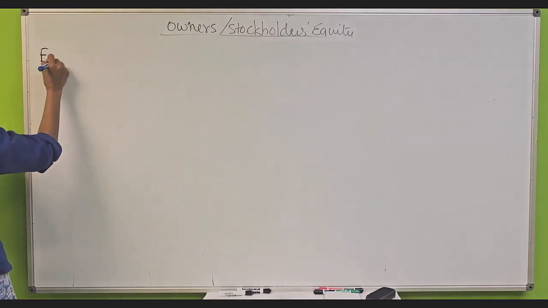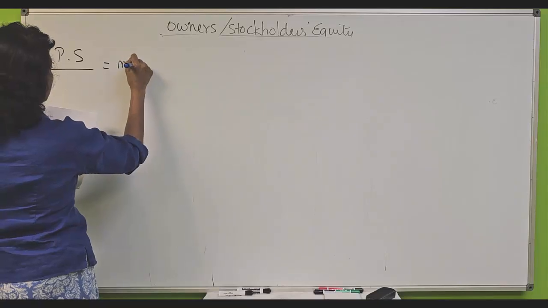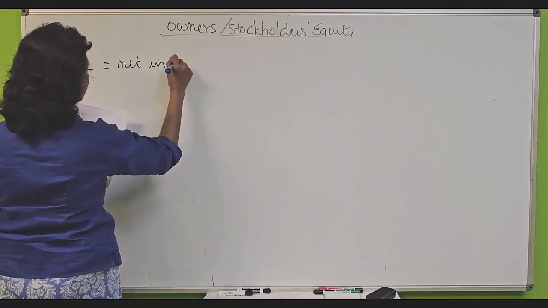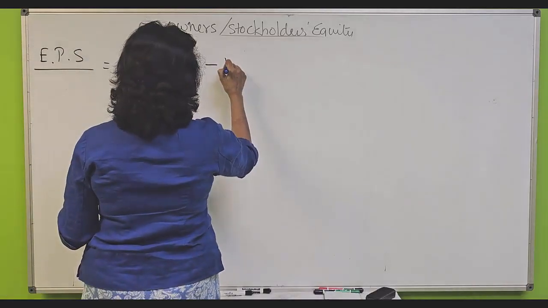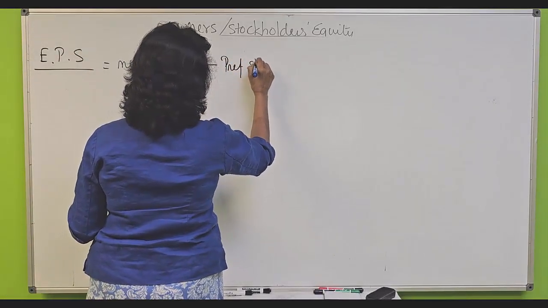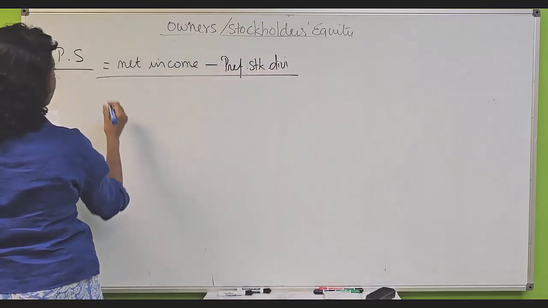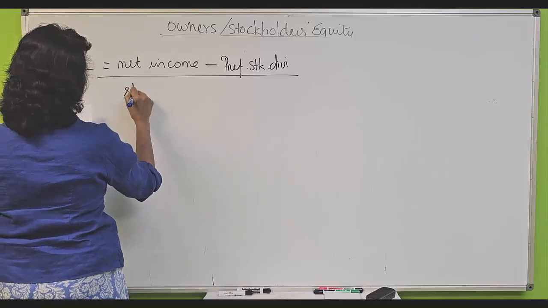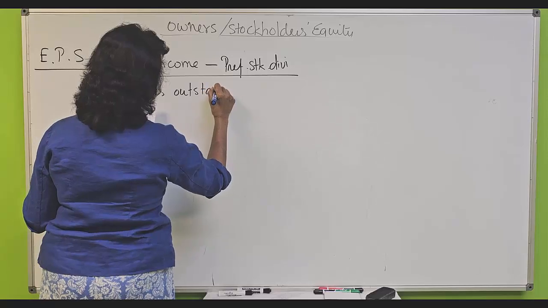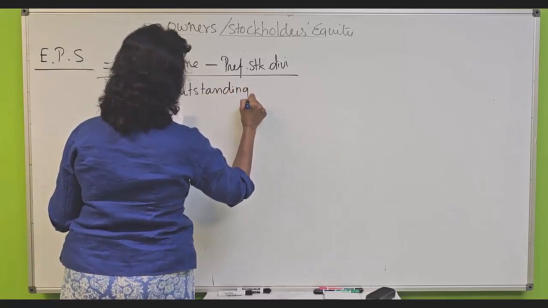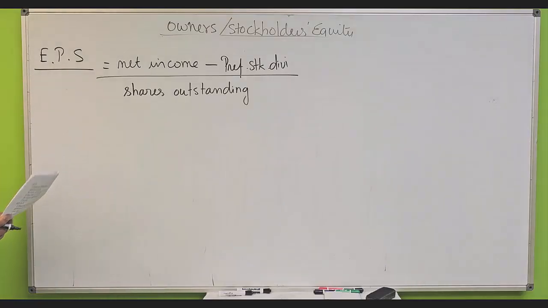So here, earnings per share equals the net income for the period minus any preferred stock dividend divided by the number of shares outstanding. Again, folks, what is meant by outstanding? Number of shares held by the stockholders.